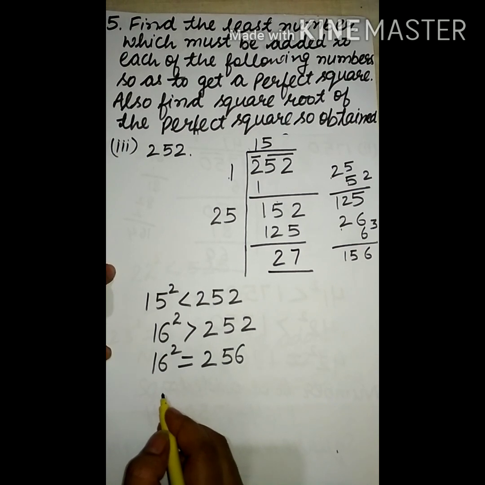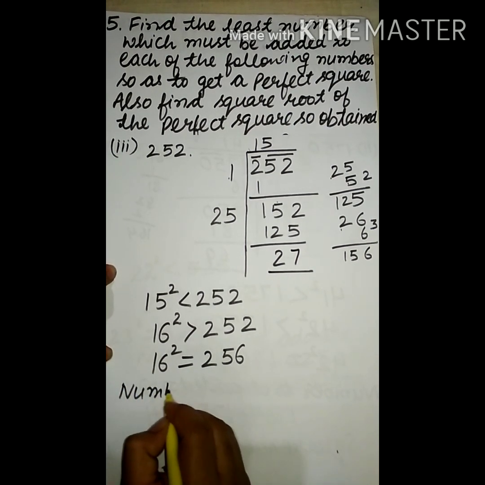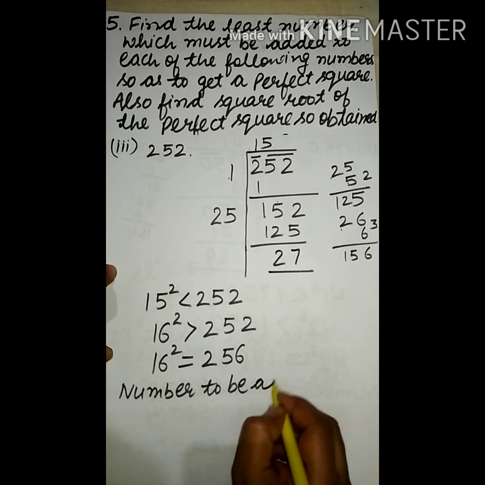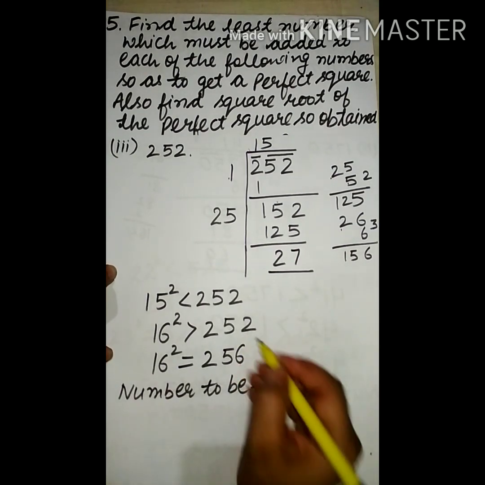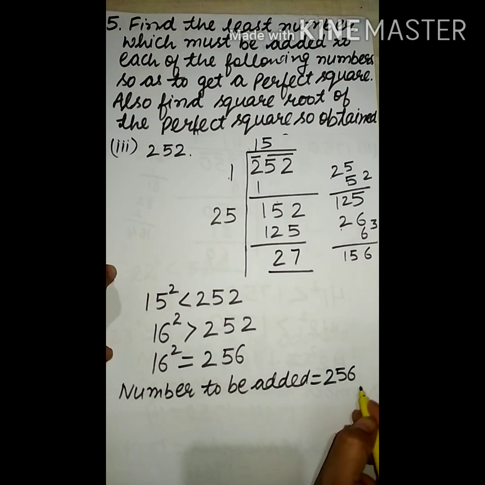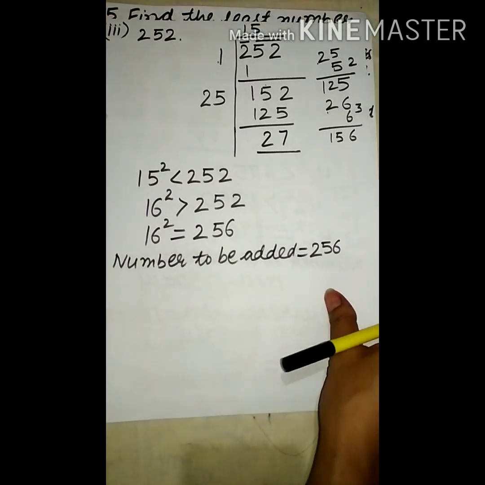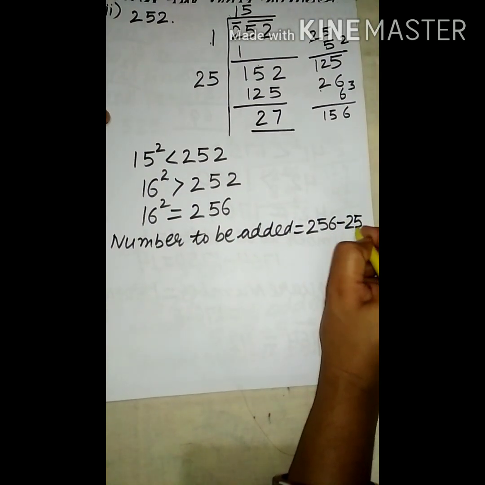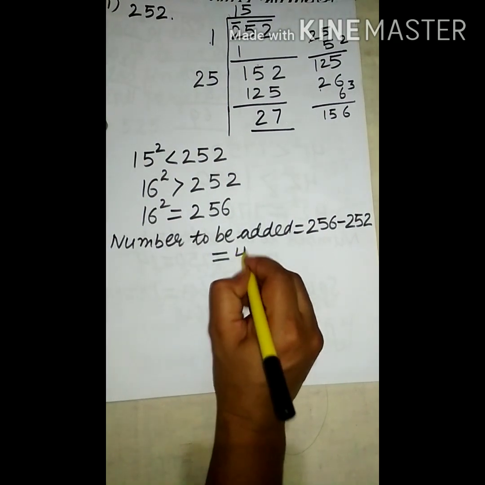So the number to be added will be equal to the difference of 256 and 252. 256 minus 252, which is equal to 4.